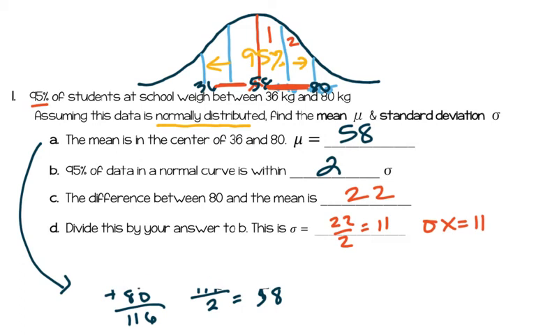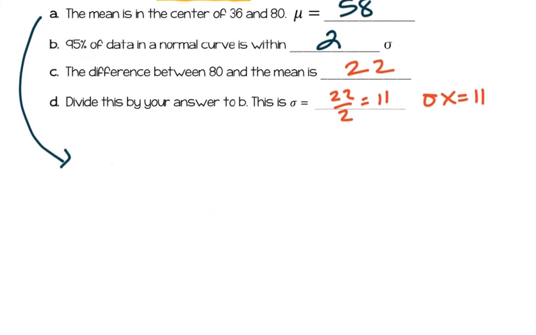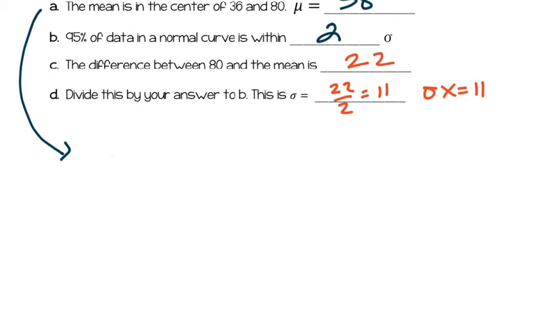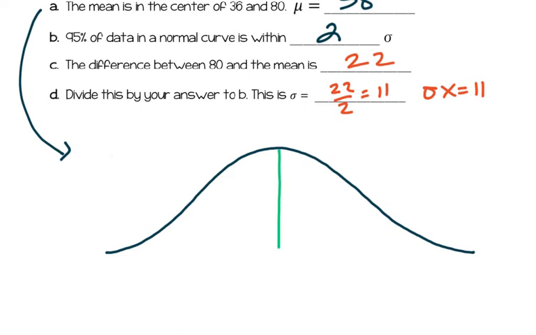So let's turn this problem around. This means that if I have the student weights, and if I say that the mean is 58, and then my standard deviation is 11, then within one standard deviation, so between 47 kilograms and 69 kilograms, that's going to be 68% of students.